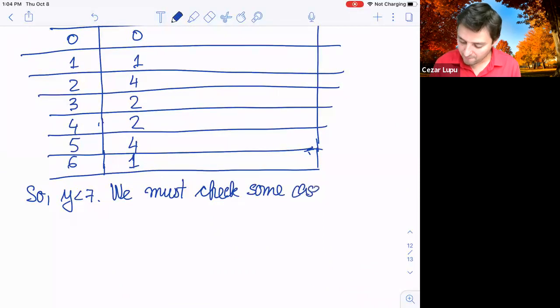Let's be careful here. Let's write the equation again. So I know that x squared equals y factorial plus 2001.